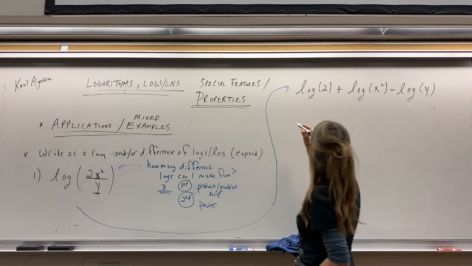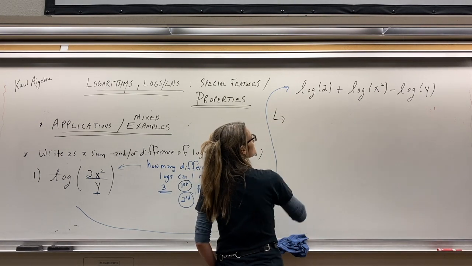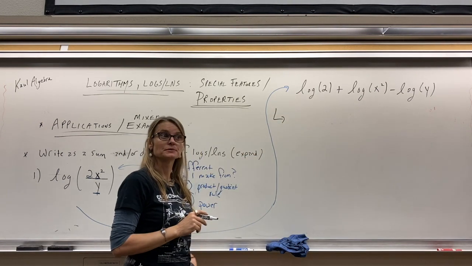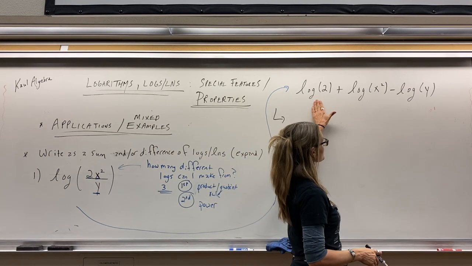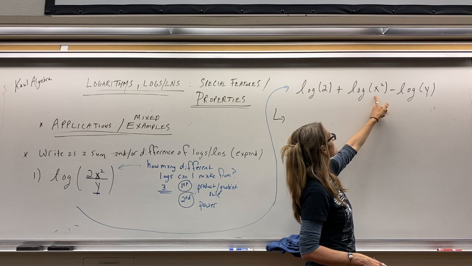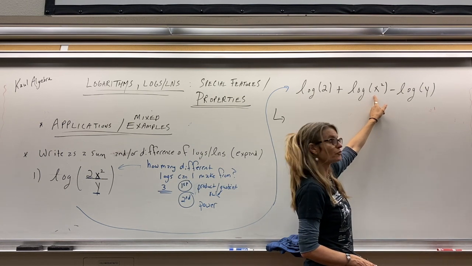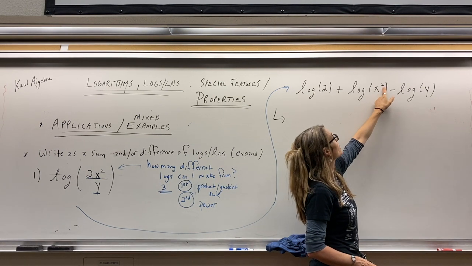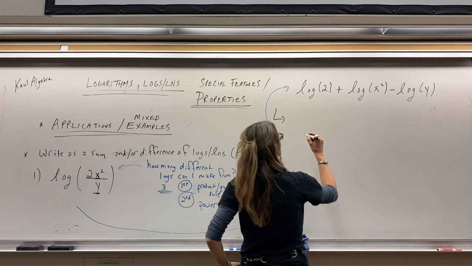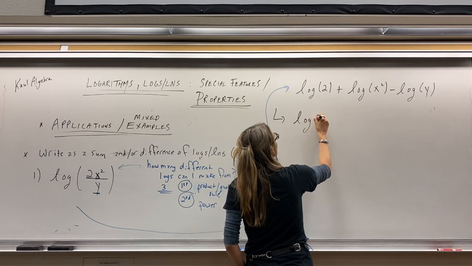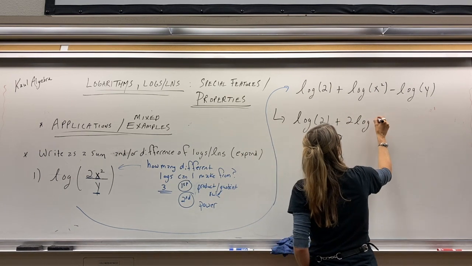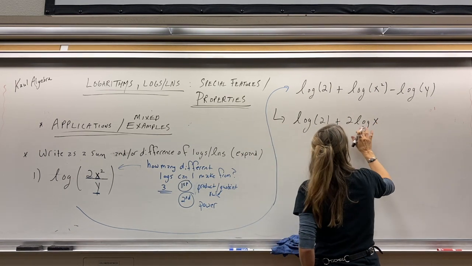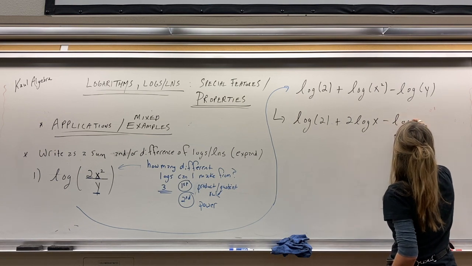Next step is to see what else I could do to expand or simplify. This term is good, this term is good, but this term could be expanded a little further. I could apply my power rule by putting the 2 out front. Log 2 plus 2 log x minus log of y.